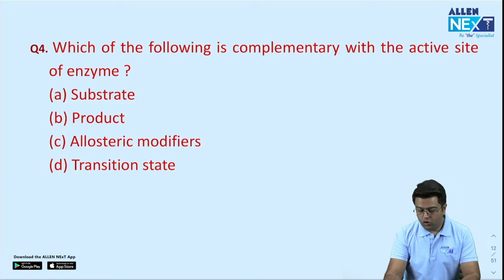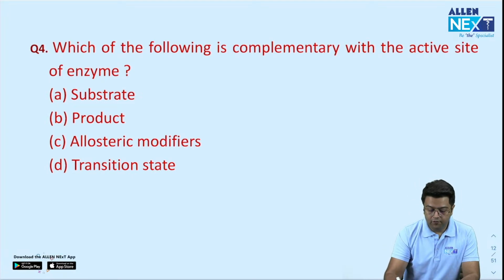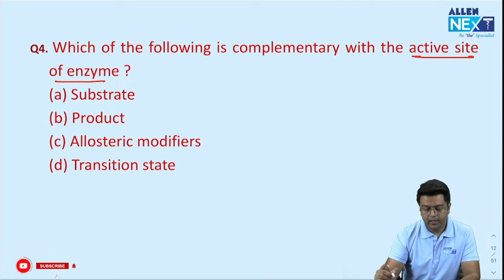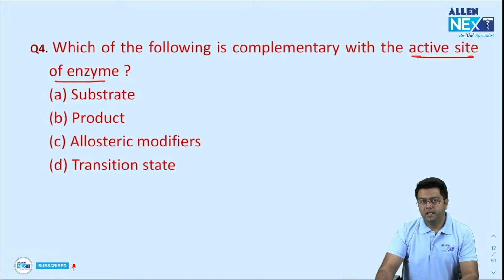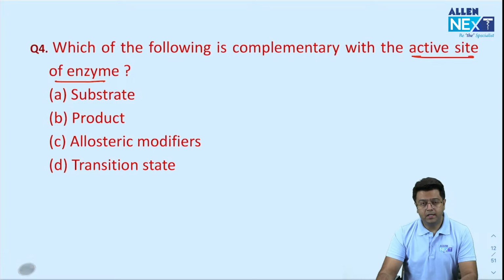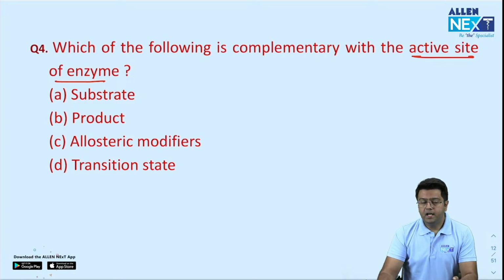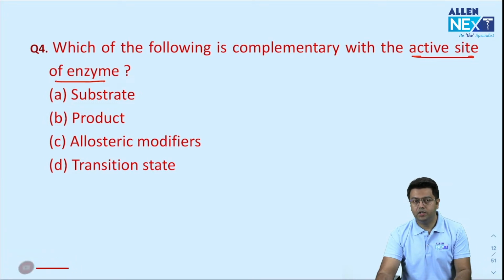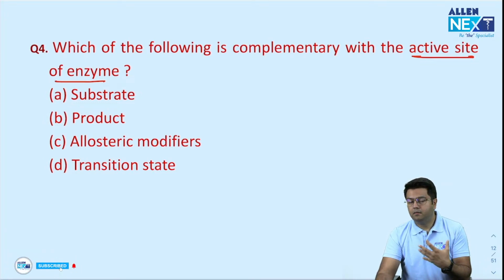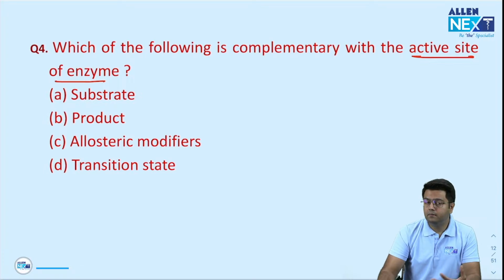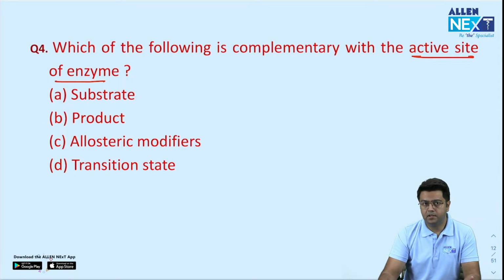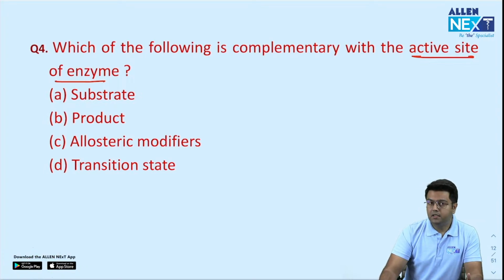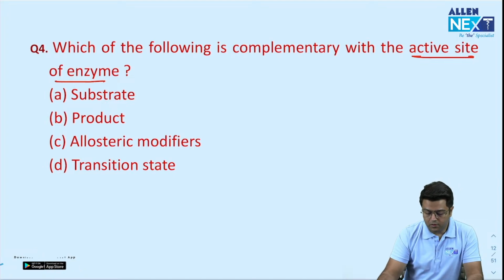Which of the following is complementary with the active site of the enzyme? Okay. So guys, the active site of the enzyme is a very specialized part of the enzyme, which has some amino acids, right, which are unique in nature, and they help in the reaction mechanism, right? They are not used up there, but they can be used in the catalysis process also.